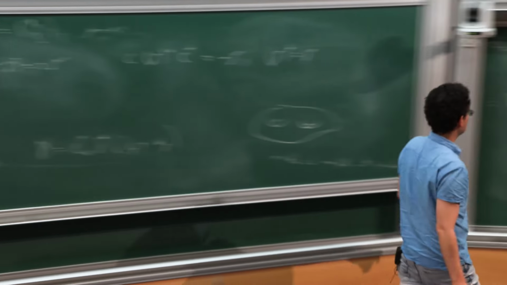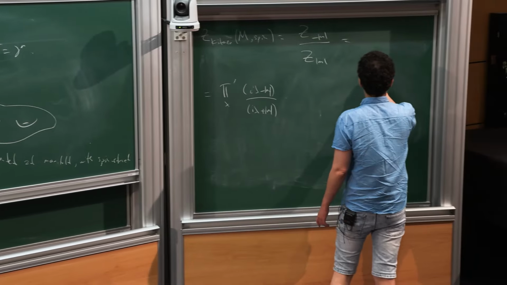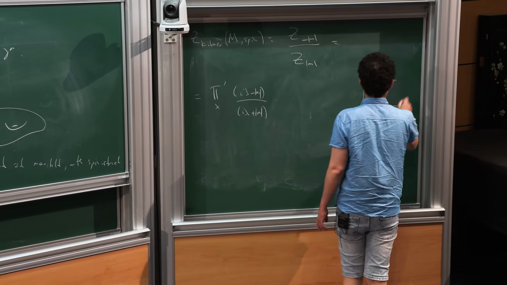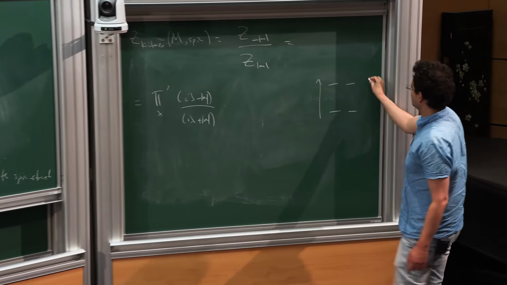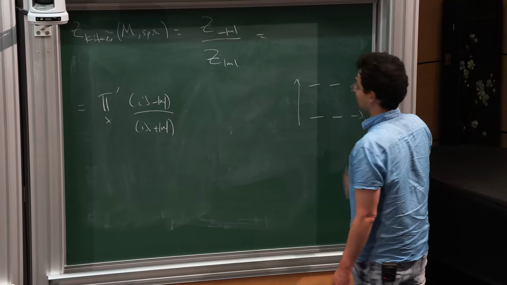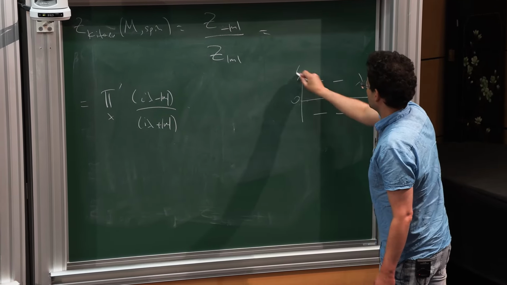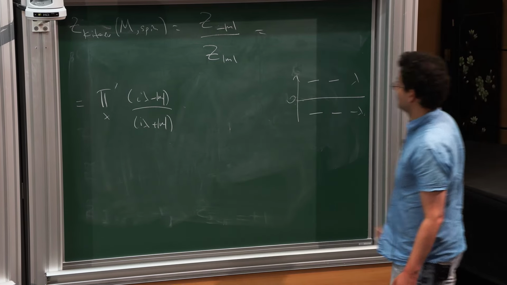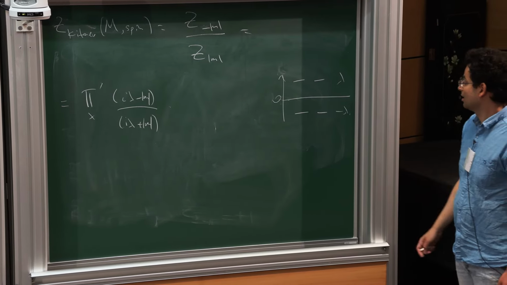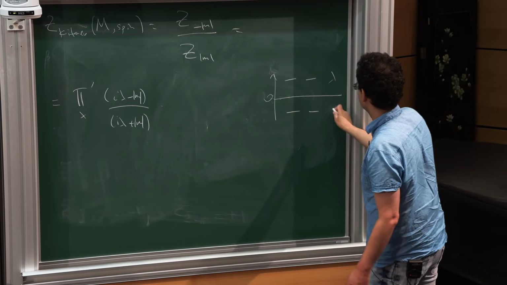So the eigenvalues actually come like this. There is a pair of positive eigenvalues, say, and to each pair of positive eigenvalues, there corresponds a pair of negative eigenvalues.